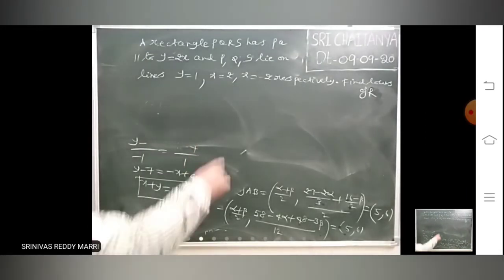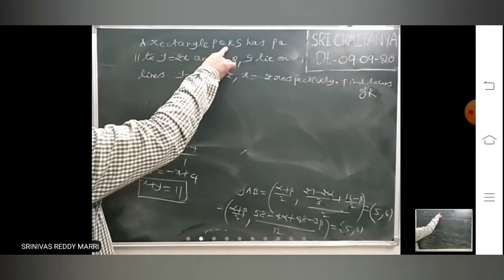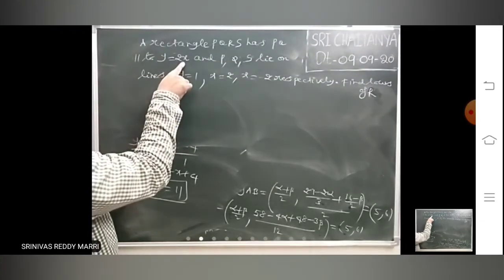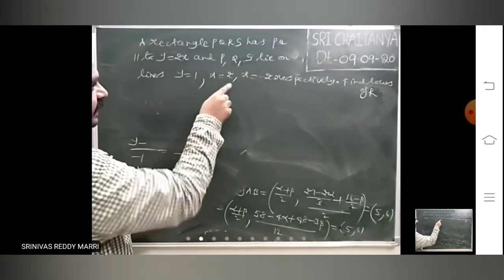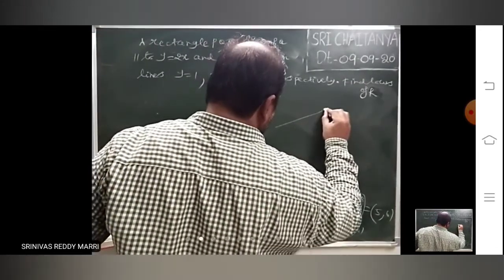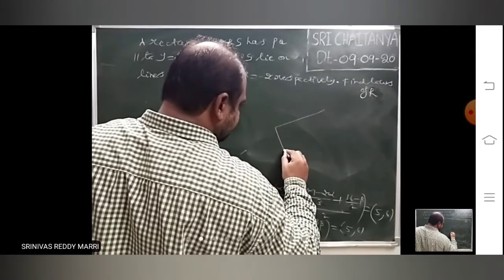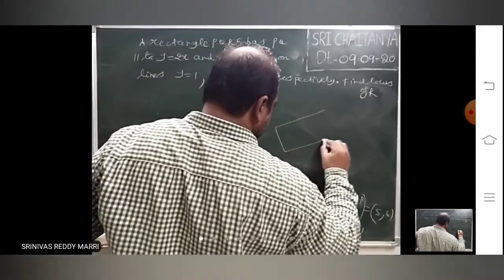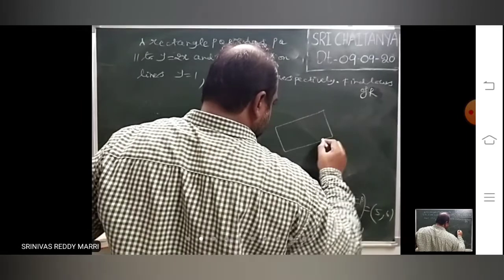Look at this problem. He has given that a rectangle PQRS is there. PQ side parallel to y equal to 2x and these 3 points lie on these lines. Look at how to approach. I am constructing a rectangle. Right?